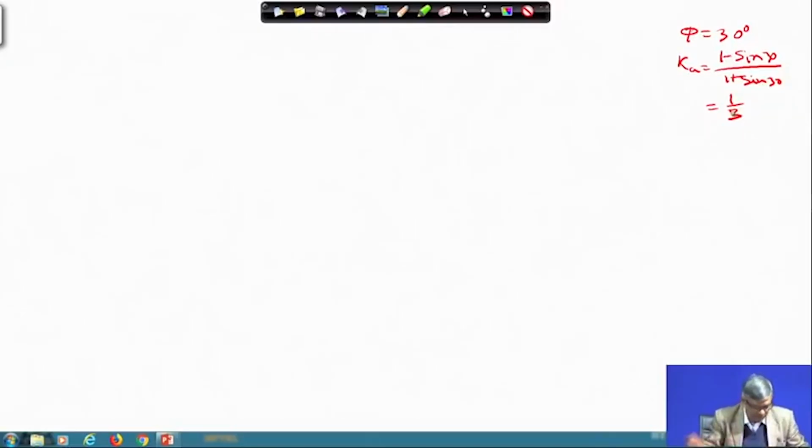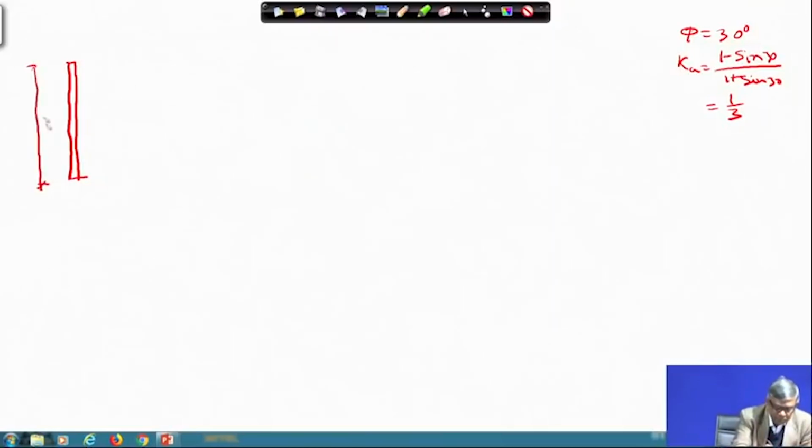So, suppose I can take a wall somewhere here, and this height is 5 meter, and the water table was somewhere here, that is 2 meter, and the total unit weight above and below the water table can be taken as same.